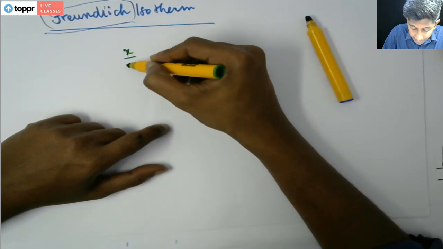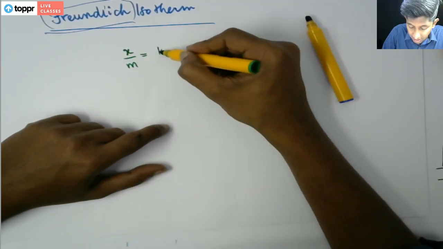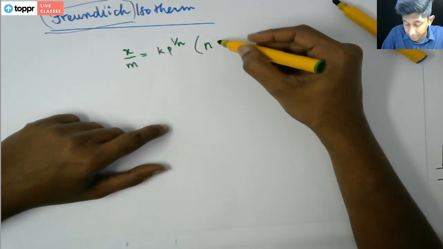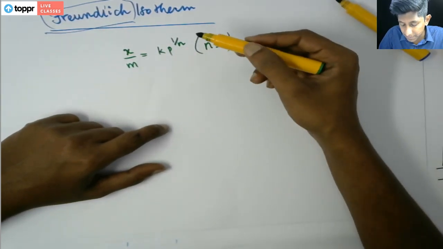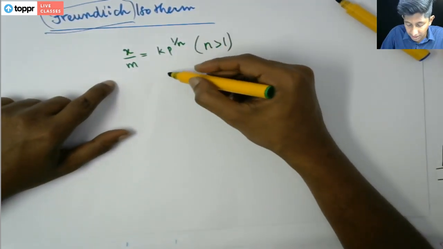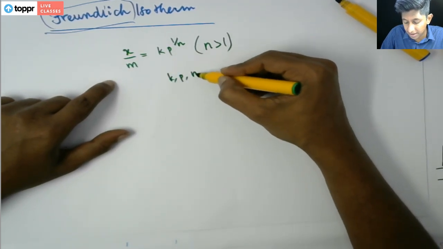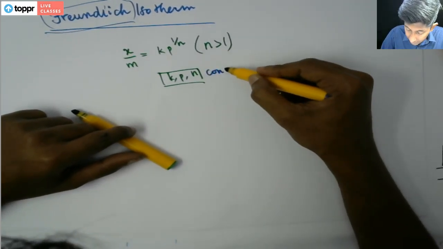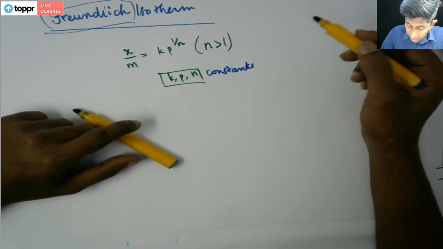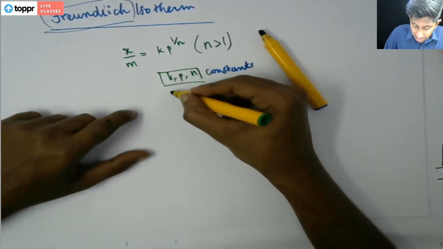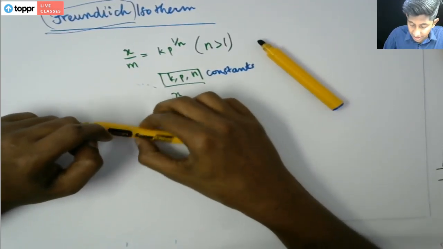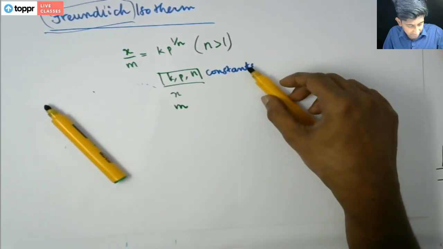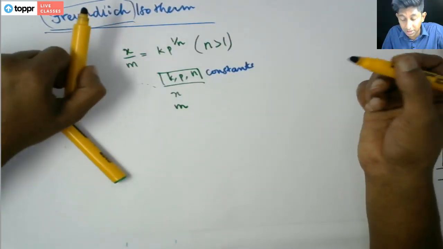So it's x by m is equal to k p powered 1 by n, where n is greater than 1. In this case, k, p and n are all constants. Whereas x is the mass of adsorbate, sorry, I said it the other way.